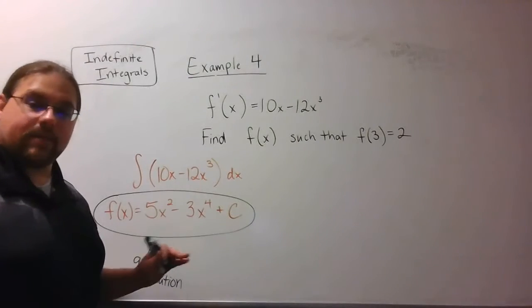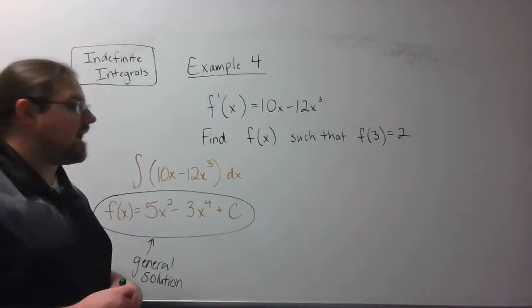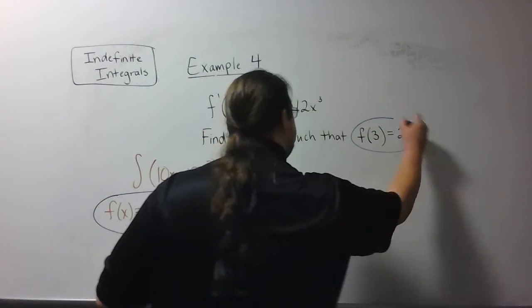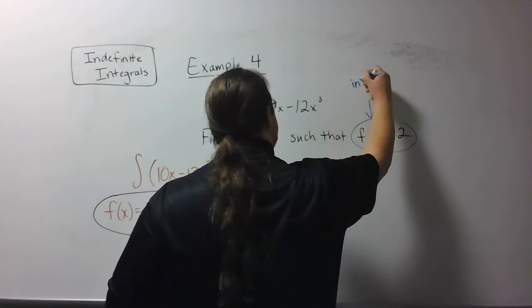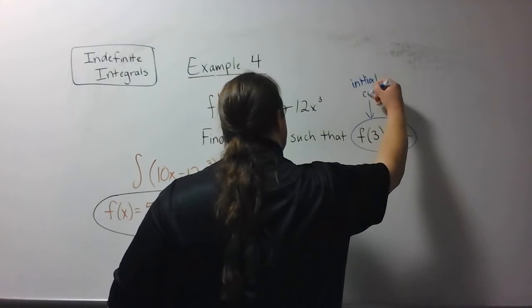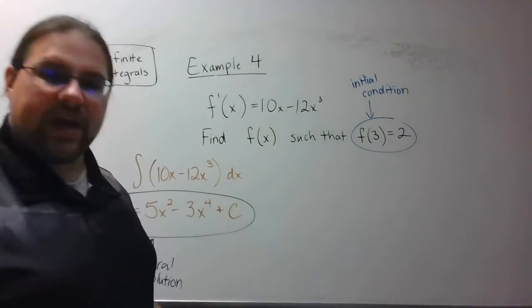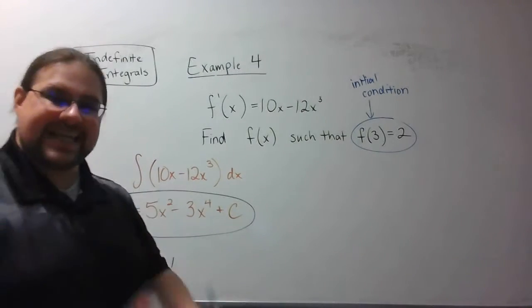Now, what I'm going to do differently here is I've got this tidbit of information, this f of 3 equals 2, which is known as an initial condition. It tells me what information I need to start with to figure out my exact answer.